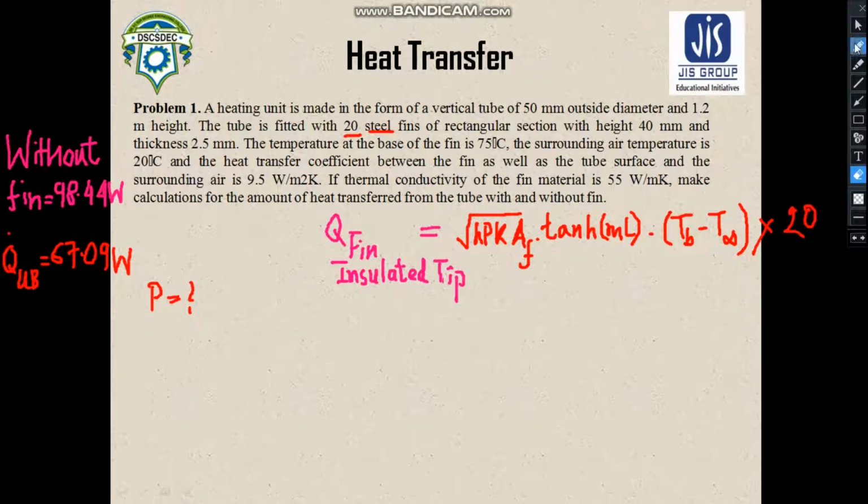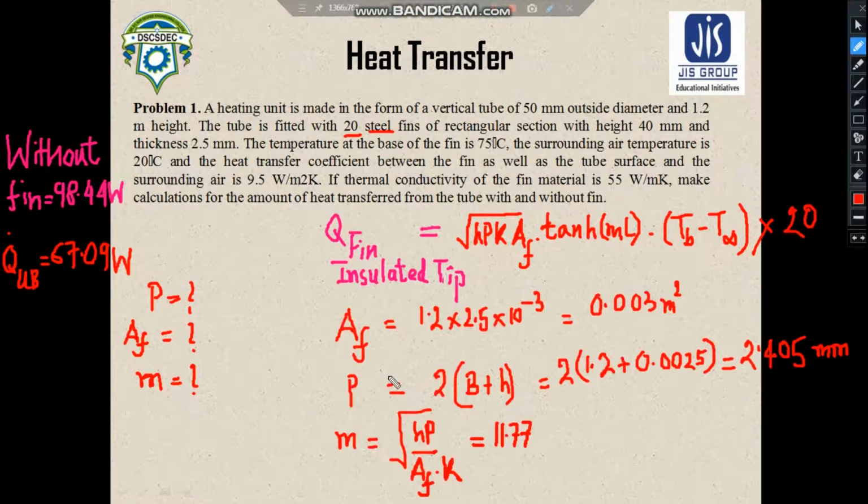So we don't know the perimeter, we don't know the area of the fin, and we don't know the value of m, because we need to calculate it for the tanh of mL. Except these three data, all other data is available to us. So now we will try to find out these three data.